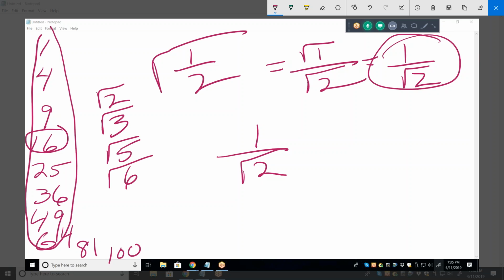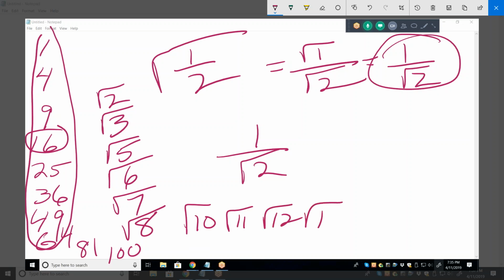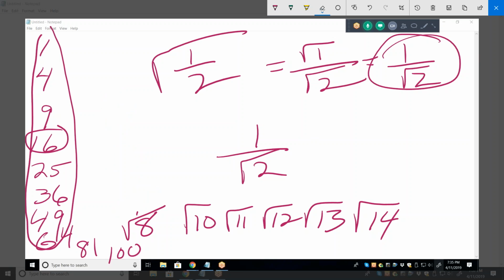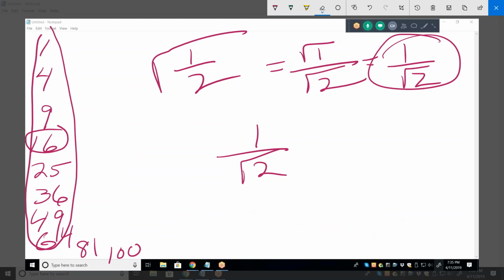These are all irrational. Not square root of 9, that's 3. Square root of 10, square root of 11, square root of 12, square root of 13, square root of 14. Anything that's not a perfect square number is going to be an irrational number. Okay, it's like pi. Right. Irrational. So, the secret is, how do you rationalize an irrational denominator?